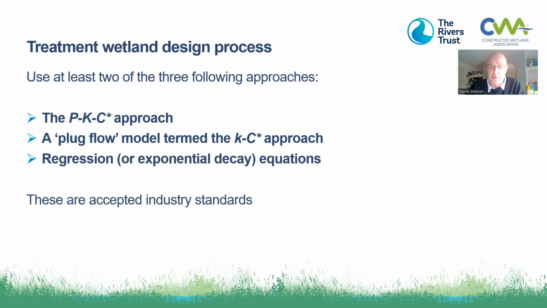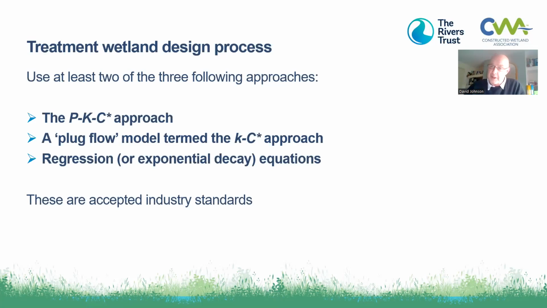And in the framework, we've identified 3 industry standard approaches for doing that. And I'll put them there on the screen. And what we say is that any one of those calculation methods will give you a good estimate of the wetland area, the treatment area that you need to get the predicted water nutrient removal.